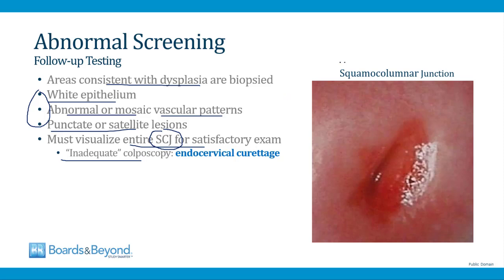So when you're unable to visualize the squamocolumnar junction like what's shown on the slide, then what you have to do is take a sample of the endocervix, the cells that are within the cervical canal. This is done through a procedure called endocervical curettage. And the idea here is that the junction is inside the cervical canal, so you take a sample of those cells because that's where you want to look for evidence of malignancy.